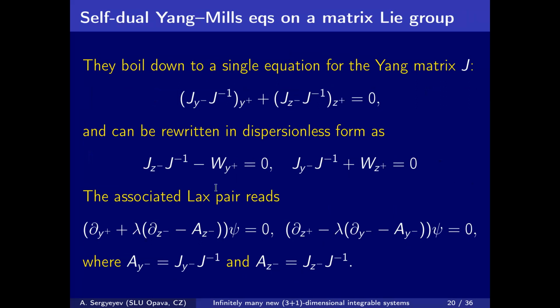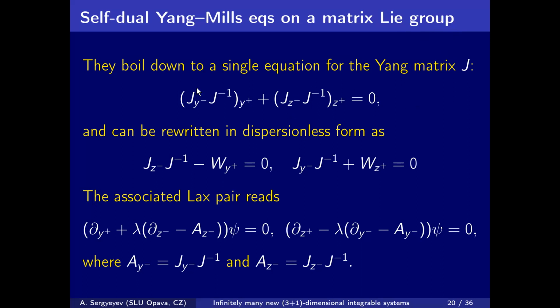Just to illustrate this statement, let me show you how the self-dual Yang-Mills equations can be written in the dispersionless form. First of all, it can be shown that these equations can be reduced to a single equation for the Yang matrix J, assuming that the gauge group is a matrix Lie group, of course.